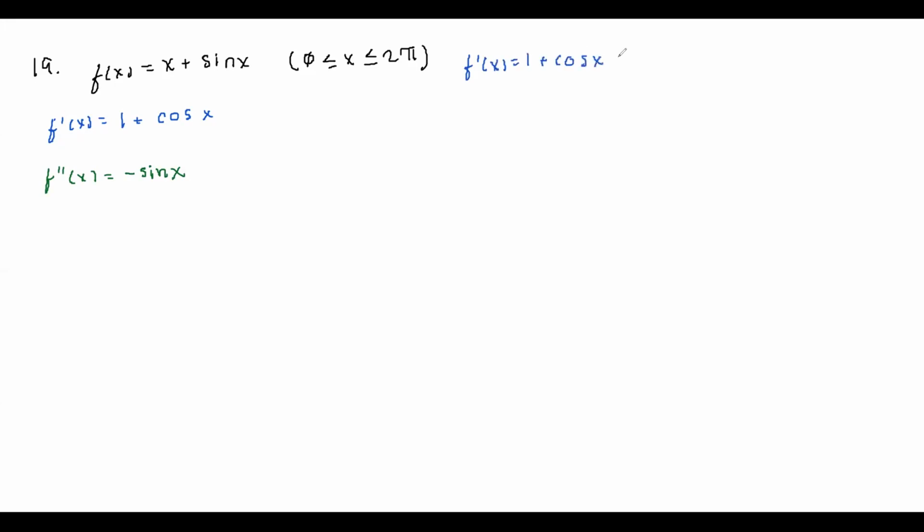So for our critical points, we have f prime of x is equal to 1 plus cos x, which for a critical point, we want to be equal to 0. That means that we want cos x to be equal to -1. When is the cosine of x equal to -1? I'm going to sketch out a quick cosine curve.